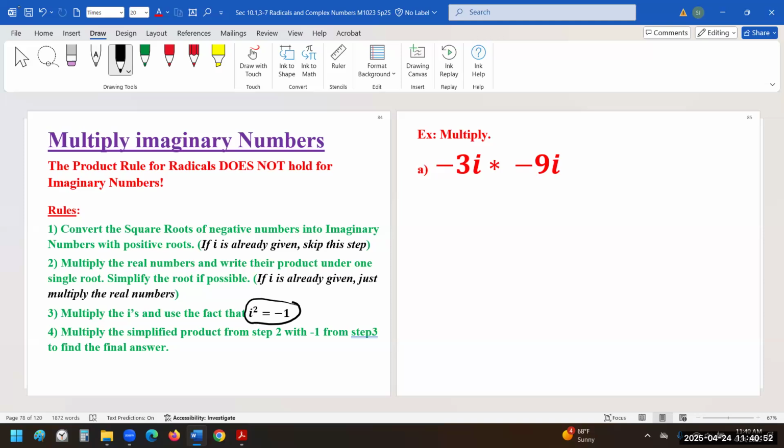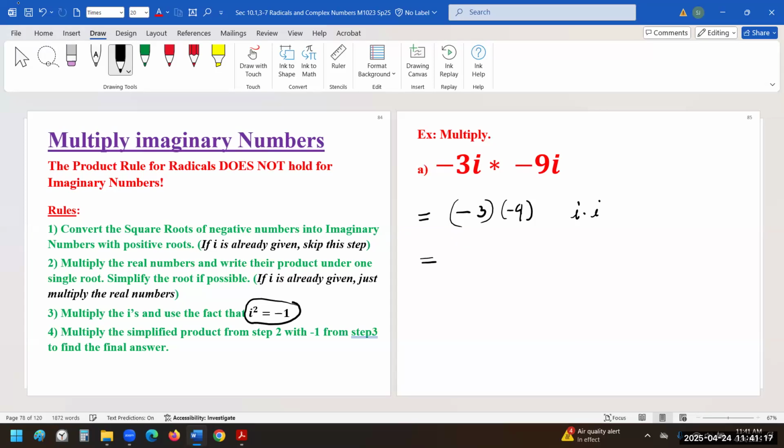So here we can already see i, so we can go ahead and multiply. We multiply the number with the number, and i with the i, just like the radical we did before. We multiply number with number, radical with radical. So this is the same process.